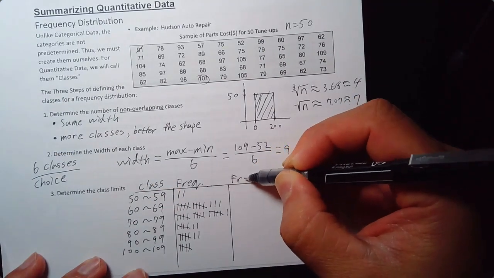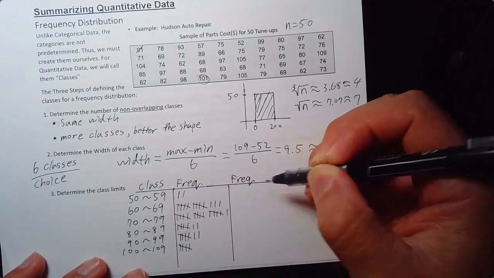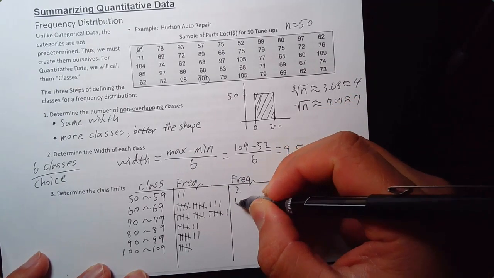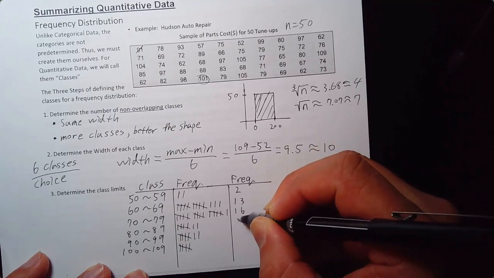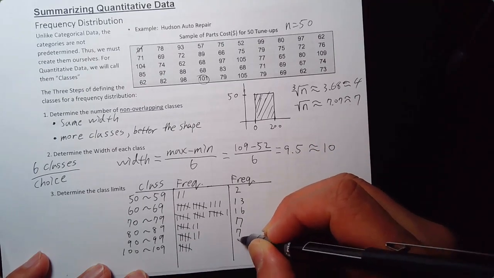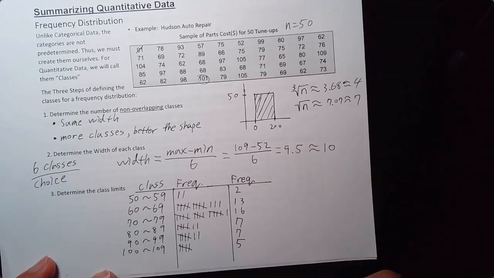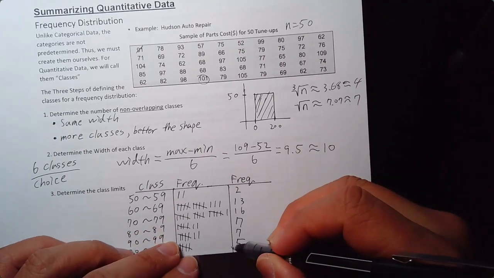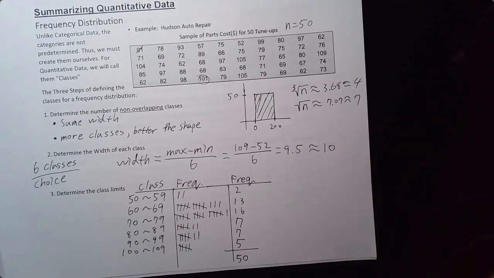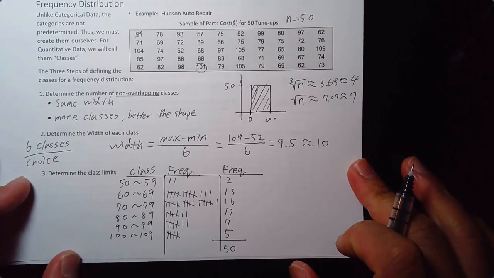Okay, so I just do little tick marks to help myself count, and then now I can write down the numbers. Okay, if you did this all right, at the bottom here you should get 50, and that should be the total sample size.